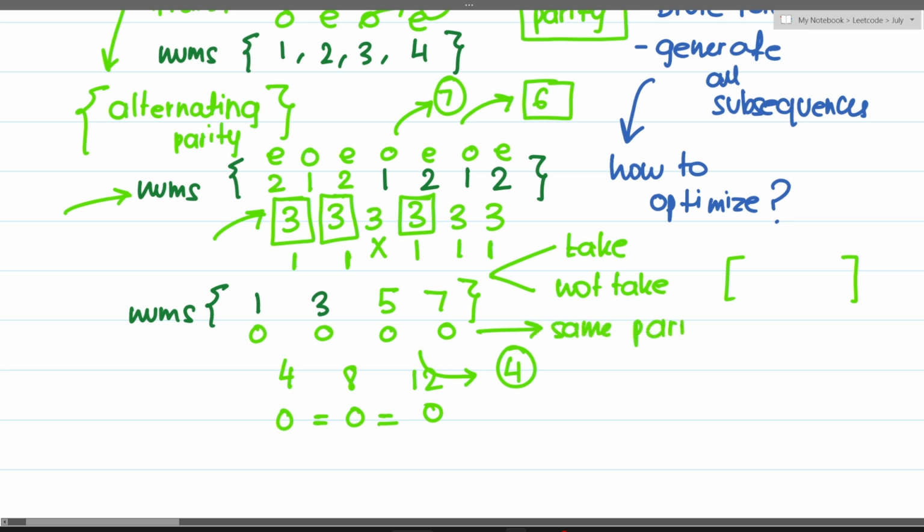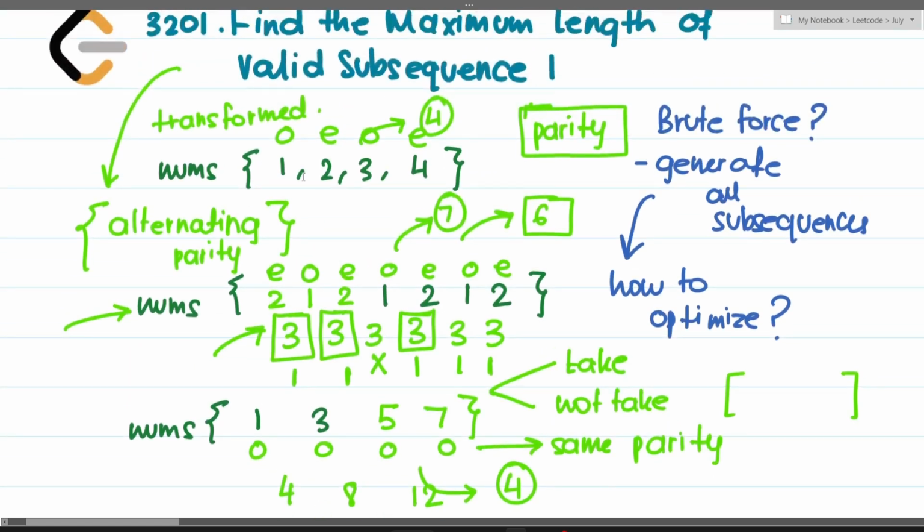So what we are getting to know from this particular test case and this particular test case is that if we think about the brute force, I can simply generate all the subsequences, and then check which of them are valid and which are not. But what can we extract from these test cases which is going to help us optimize?